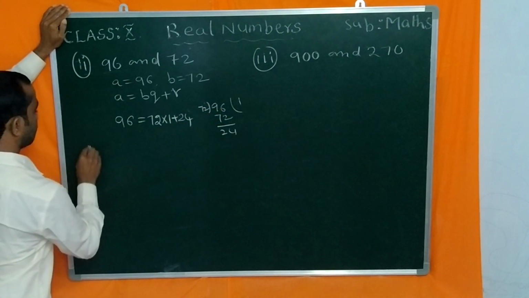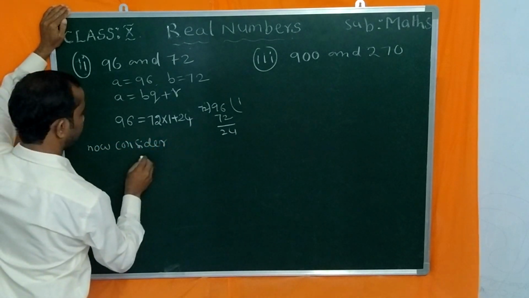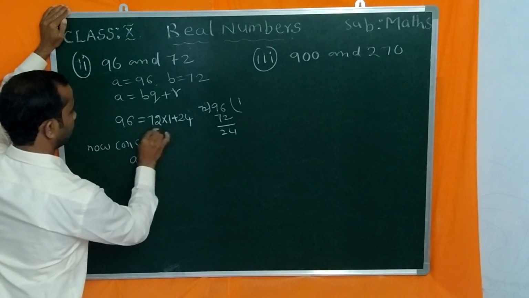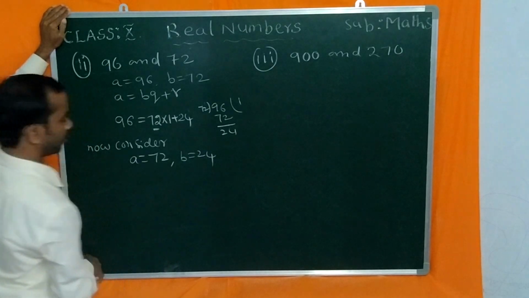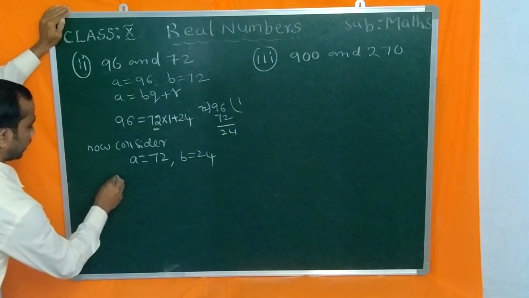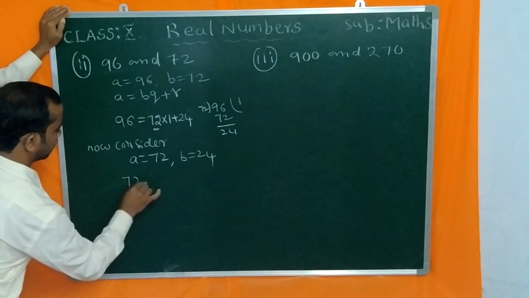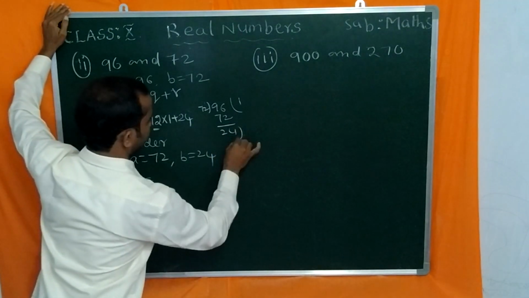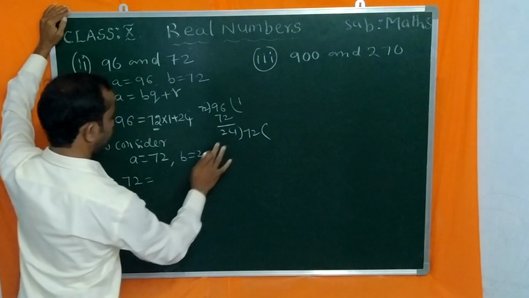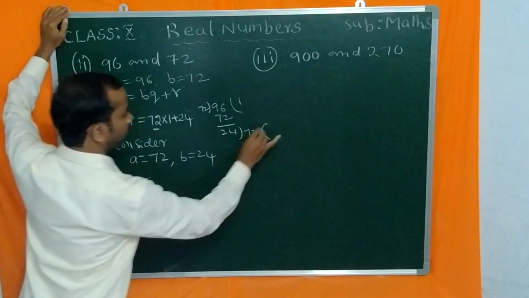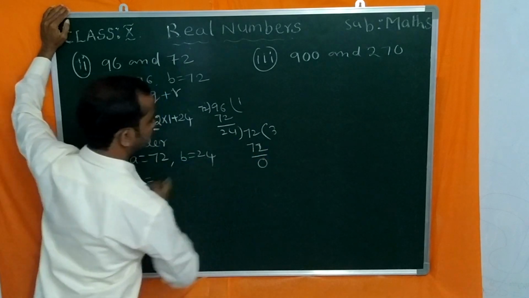Next, now consider here a equals 72 and b equals 24. 72 is divided by the divisor, that is 24. 24 threes are 72. Remainder is 0.